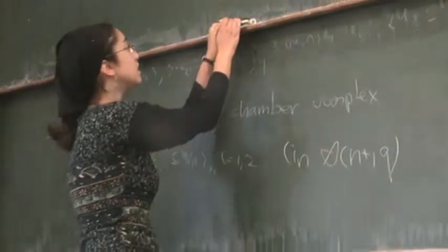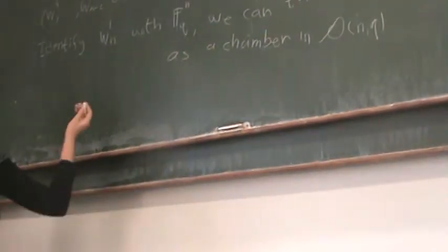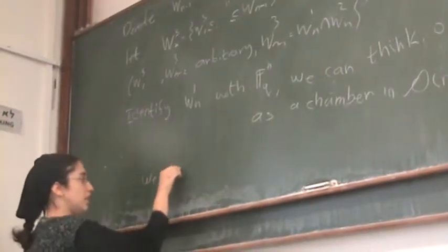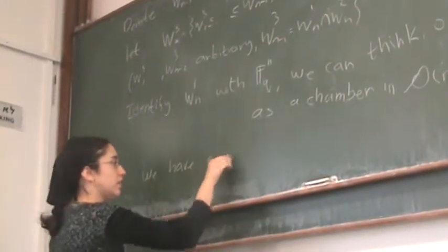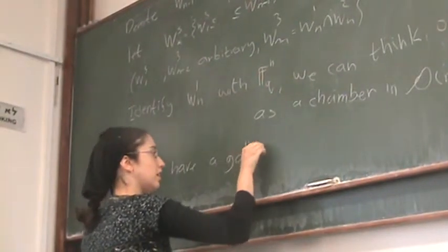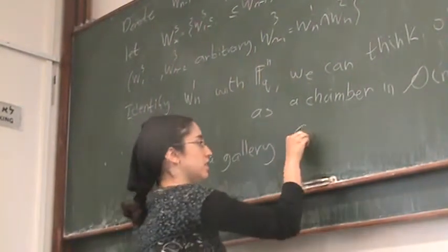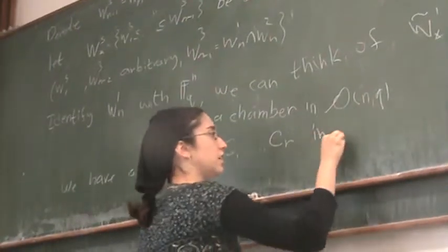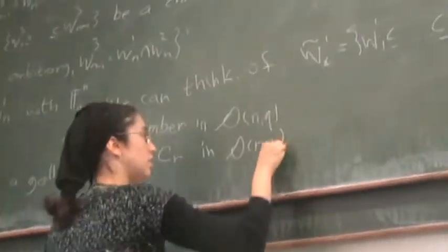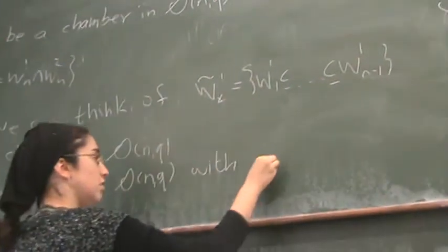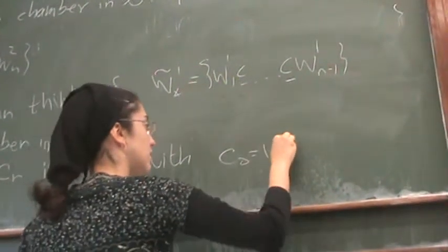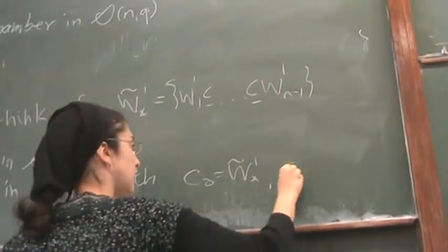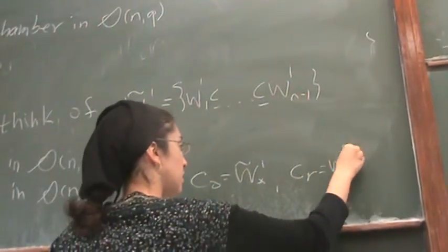So now, by the induction assumption, we have a gallery, let's call it C0 to Cr in S_n(Q), where C0 is W1 star tilde and Cr is W2.